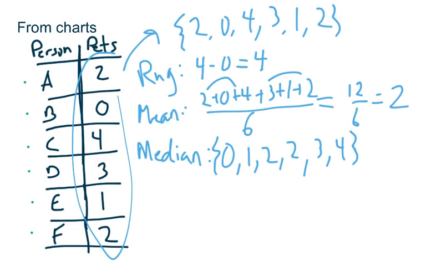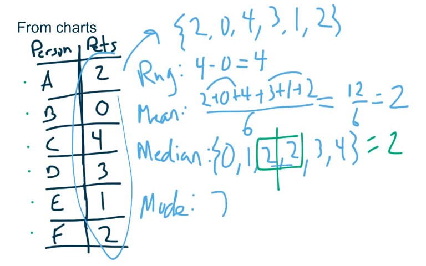Again, this one is even, so we split it in the middle. There's 3 on this side, 3 on that side, so we're going to take the average of those 2, which is easy enough. 2 plus 2 divided by 2 is 2. And then finally, we go to mode, and that's the one that shows up the most, and that would just be 2 as well.